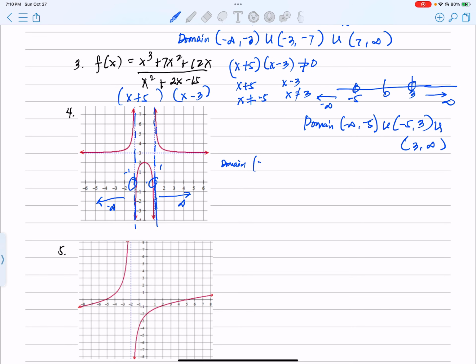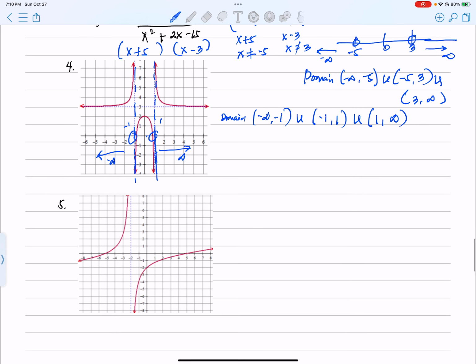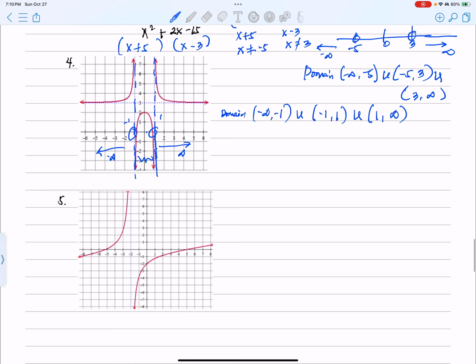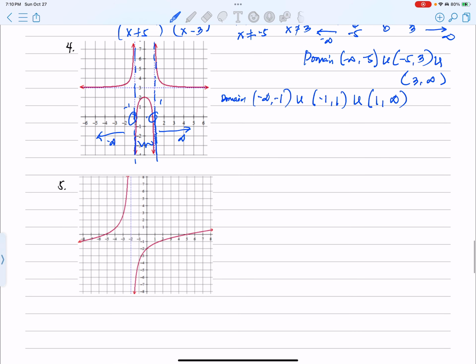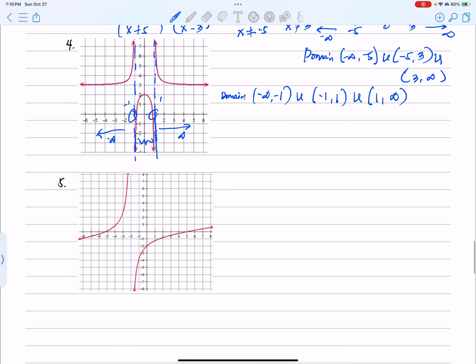So we have negative infinity to negative 1, between negative 1 and 1, and from 1 to positive infinity. This is the interval between them, but not negative 1 and 1.